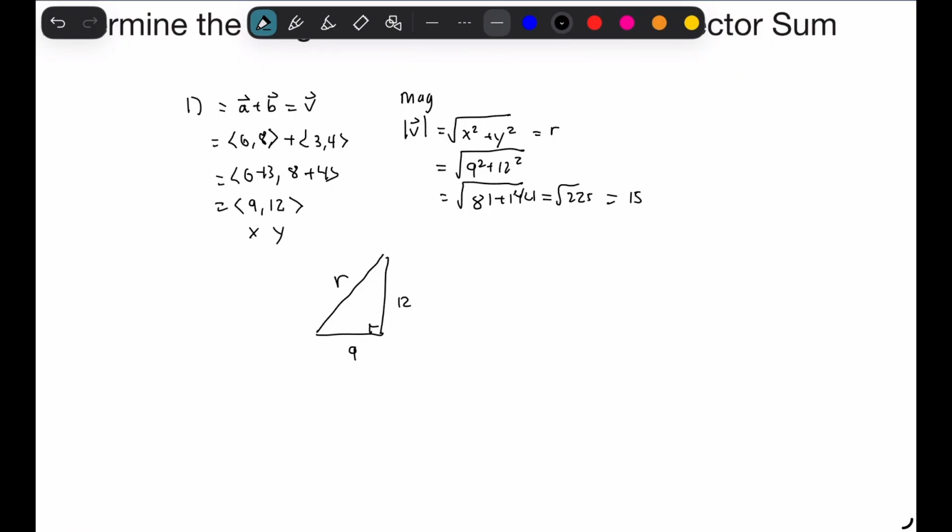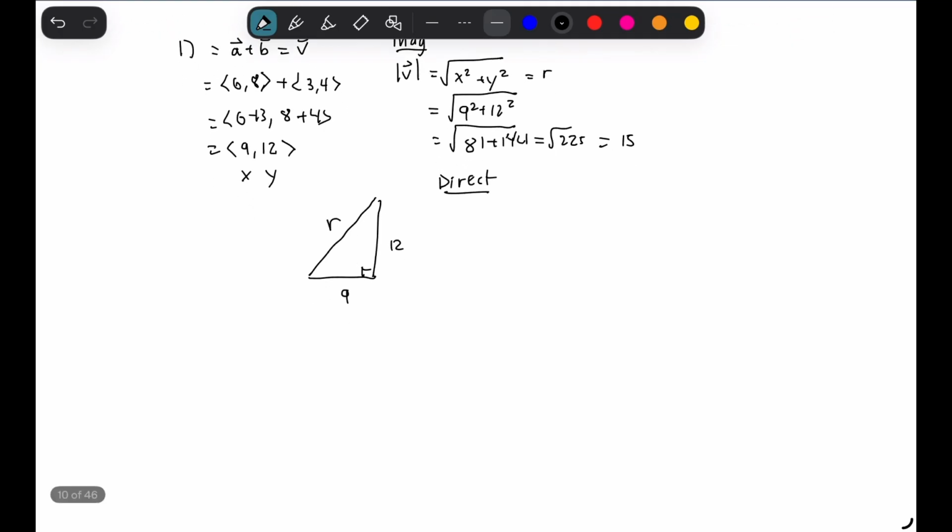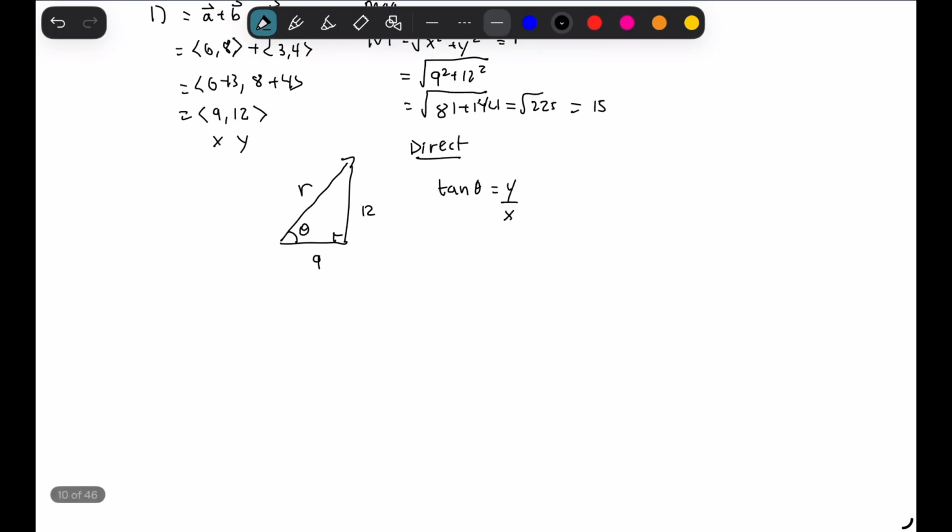as your magnitude. But we also have to find our direction, which we're going to get by using tangent, which is the function that relates our y and x to each other, which is the angle we're going to have here. We want to find that direction that the vector is pointing from the positive x-axis.